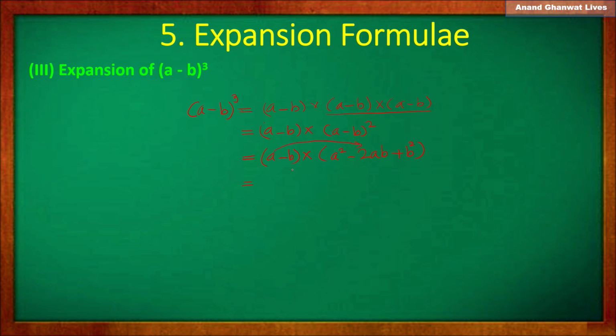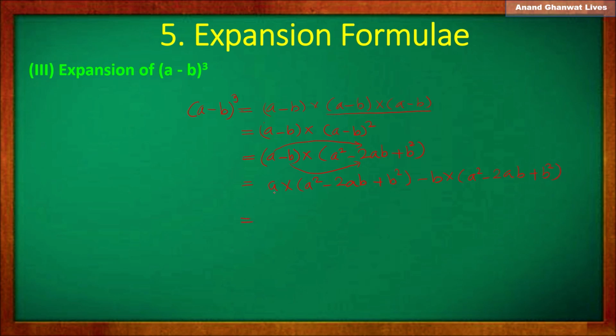So a multiplied with the given trinomial, that is a square minus 2ab plus b square, and b should be multiplied with a square minus 2ab plus b square. So a into a square minus 2ab plus b square, and minus b into a square minus 2ab plus b square.